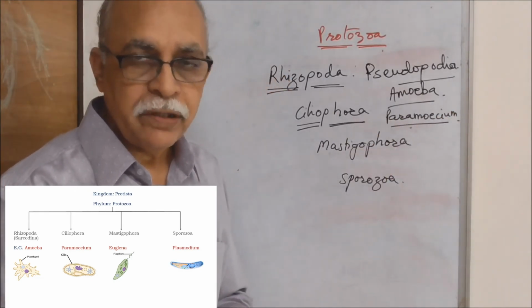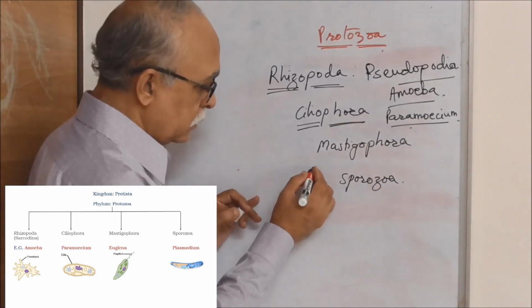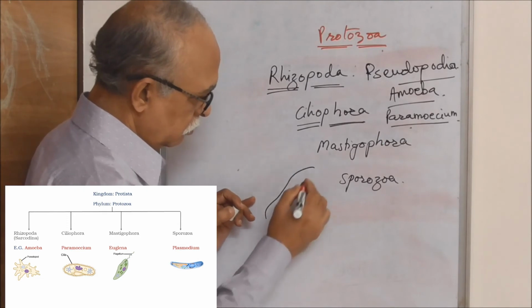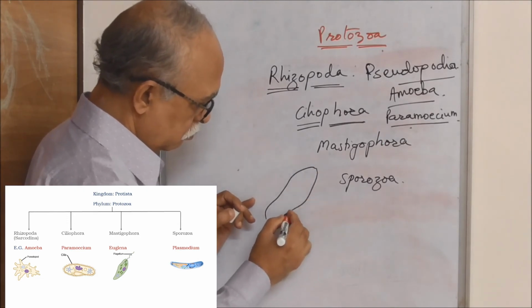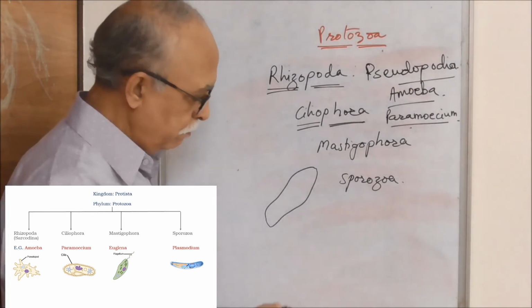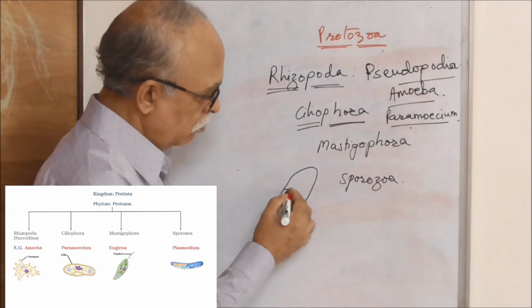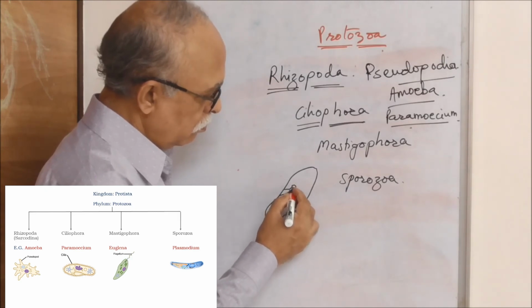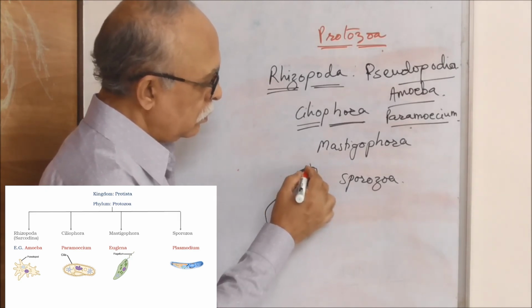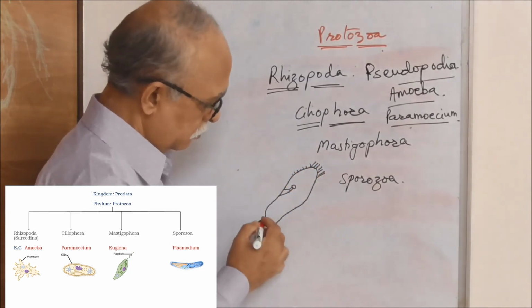Cilia as the locomotive organs. And if we're talking specifically about paramecium, which has a slipper-like shape, cilia all around the body. Here the cilia would be relatively longer.